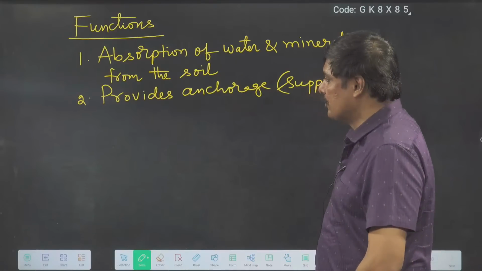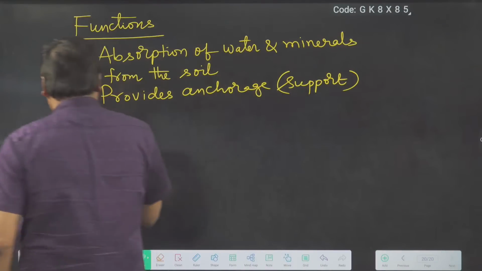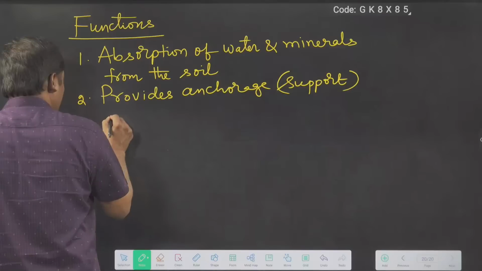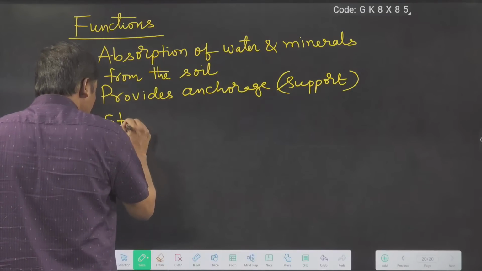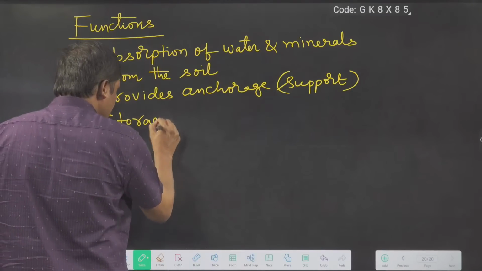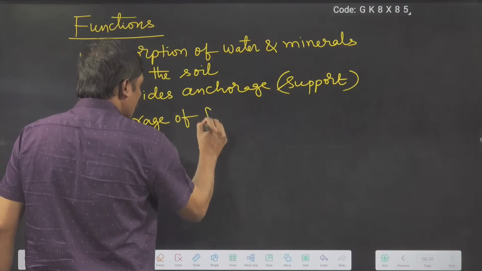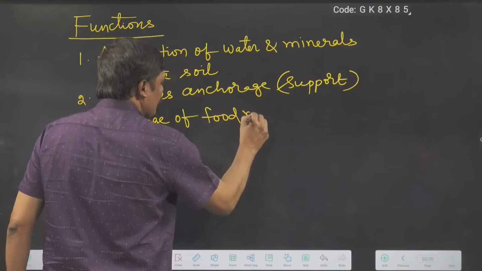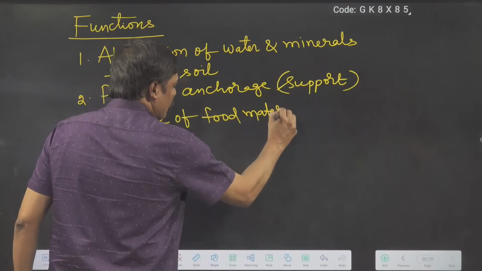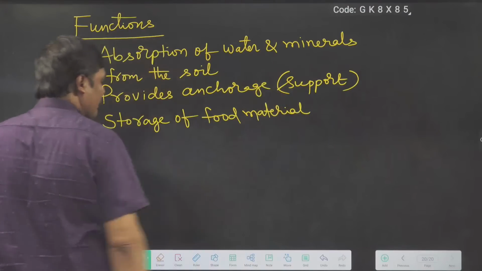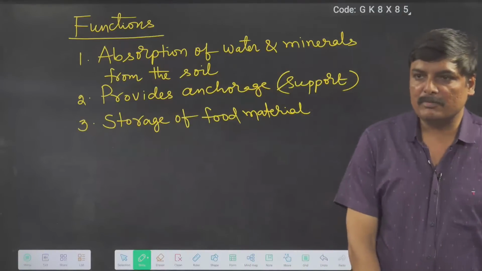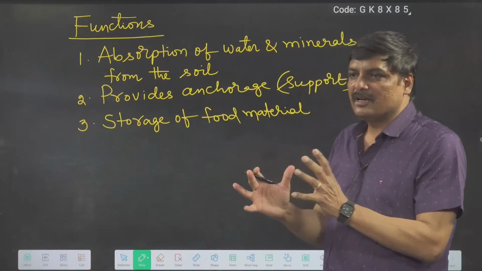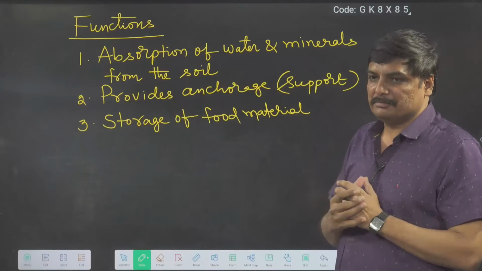That is the second function. Third one is, in some plants, they help in storage of food material. Okay. Root system also helps in storage of food material.